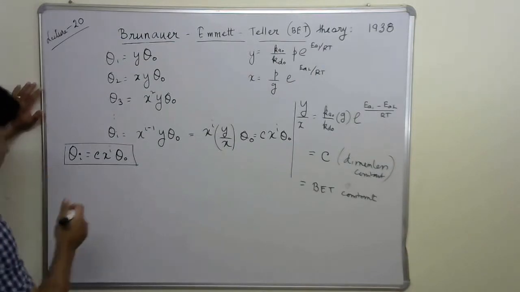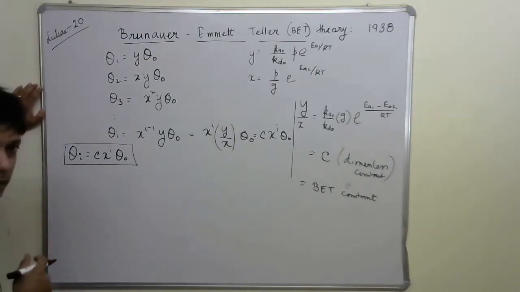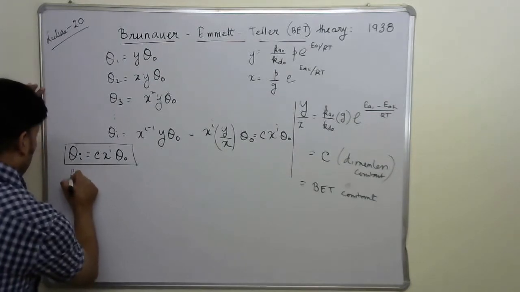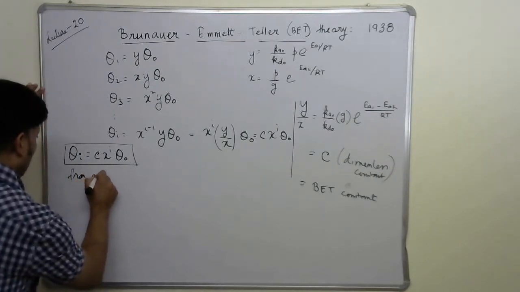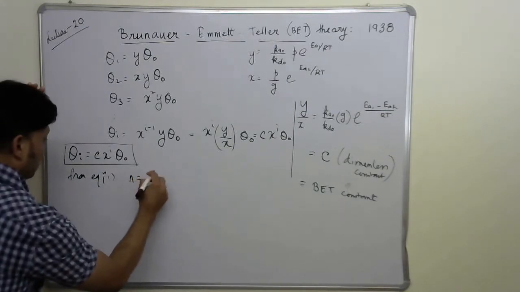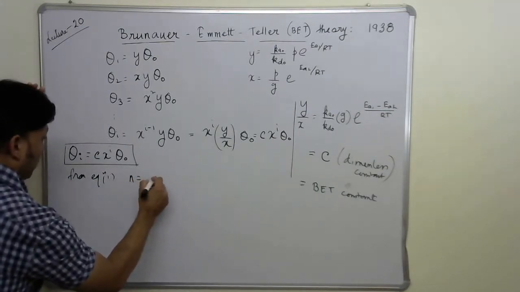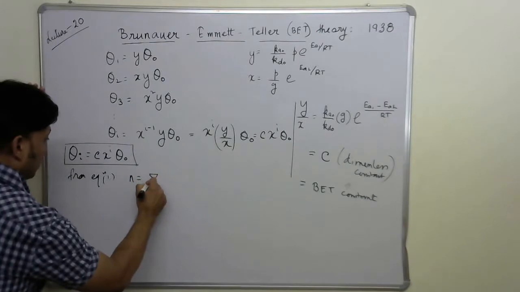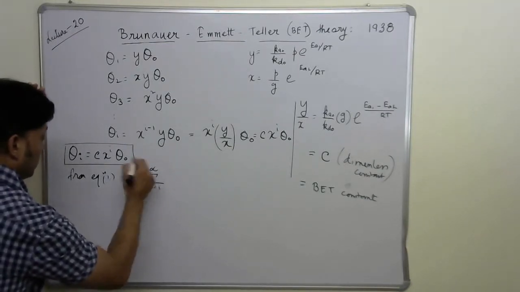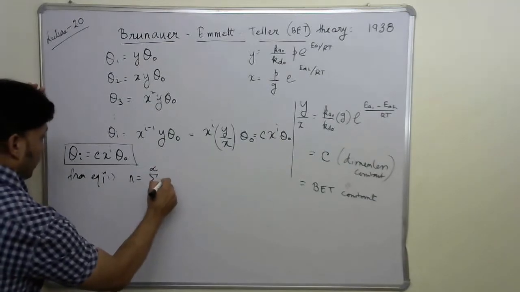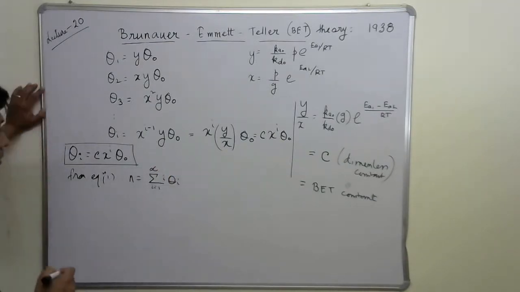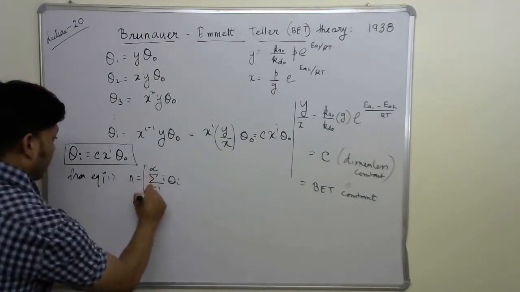If we recollect our equation 1, what was it? From equation 1, we have n is equal to the summation from I equal to 1 to infinity of I theta I, multiplied by nm, definitely.